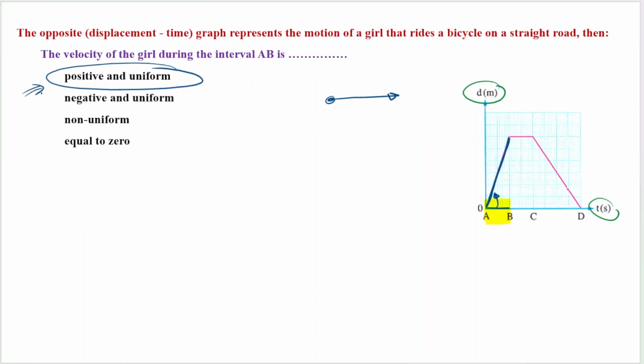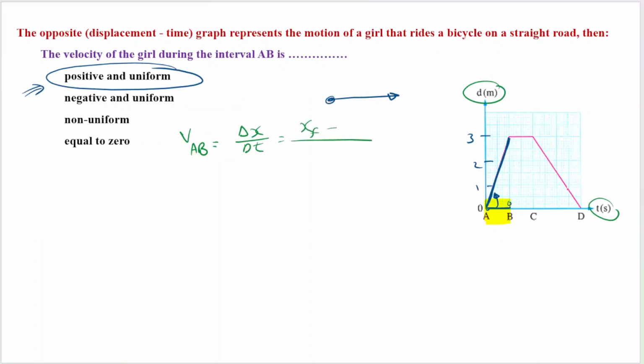Why is it uniform? Because this is a straight line, it is not a curved line. For example, if this is 1, this is 2, this is 3 meters, for example, and this is 0 and this is 1; these are randomly chosen numbers. So the velocity of this object during AB is equal to delta x over delta t.